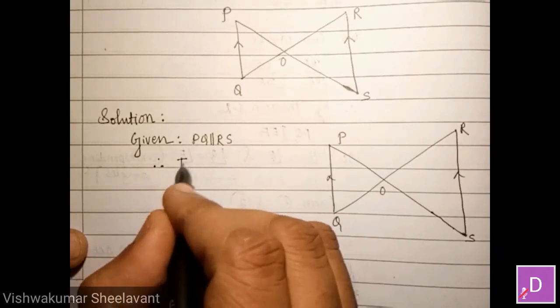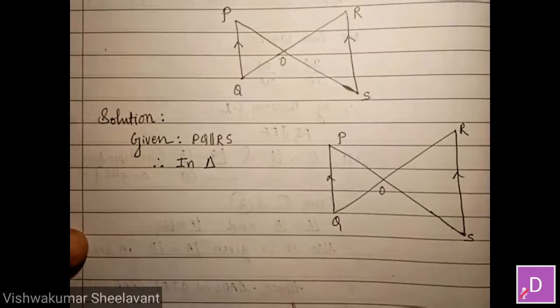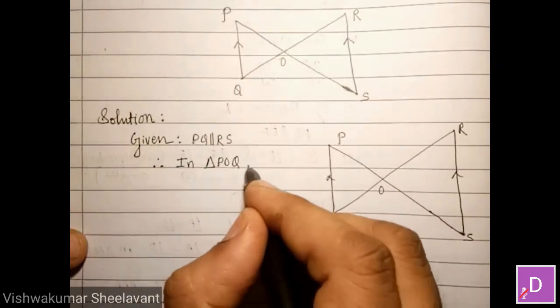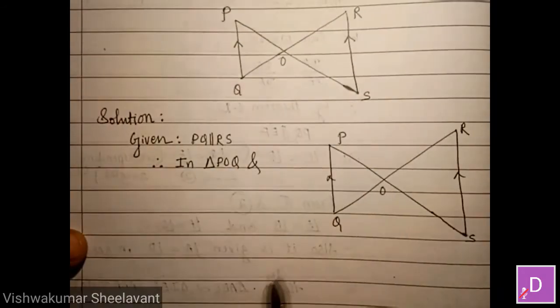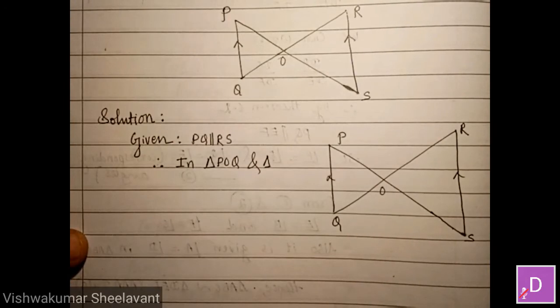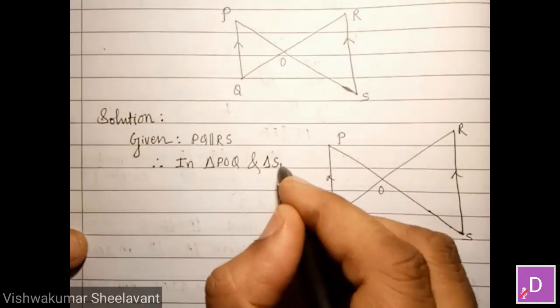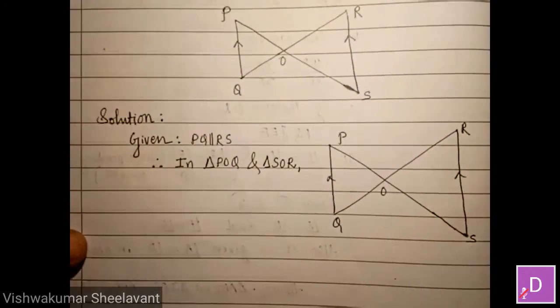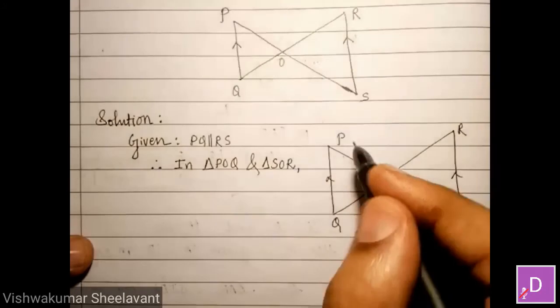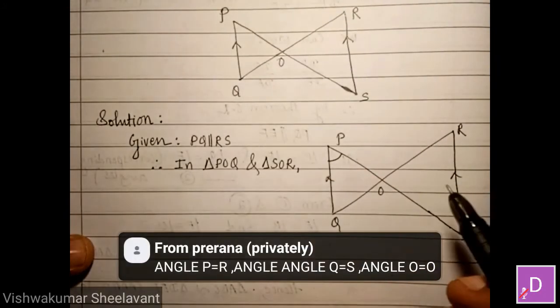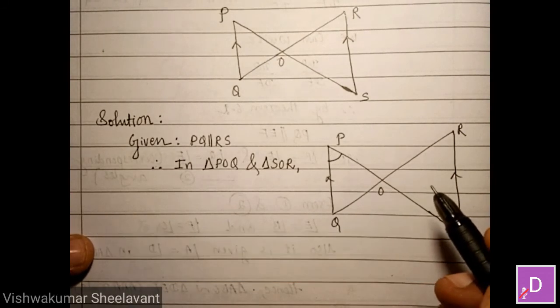Therefore, in triangle POQ and triangle SOR, angle P is equal to angle R is not correct.